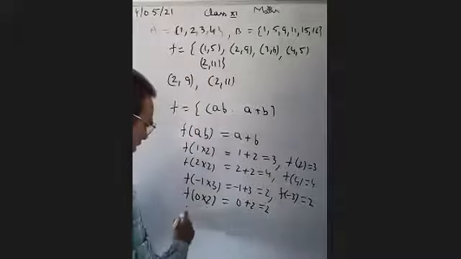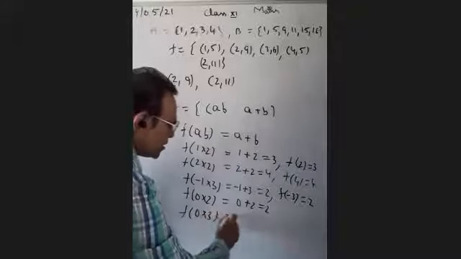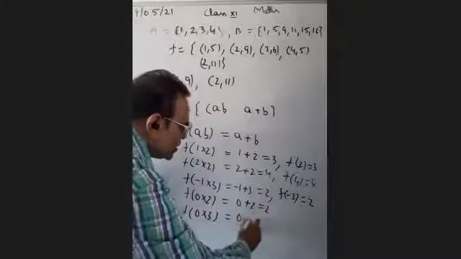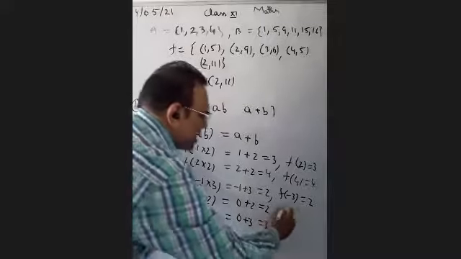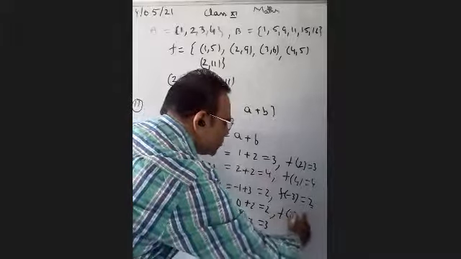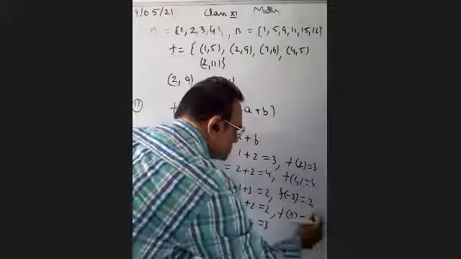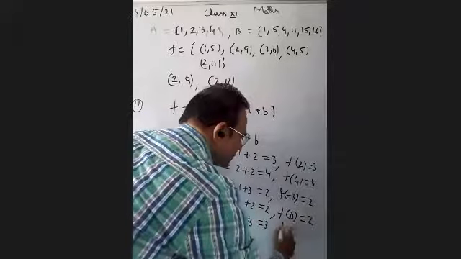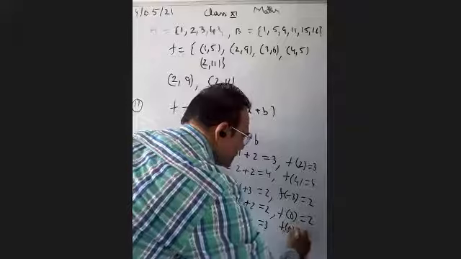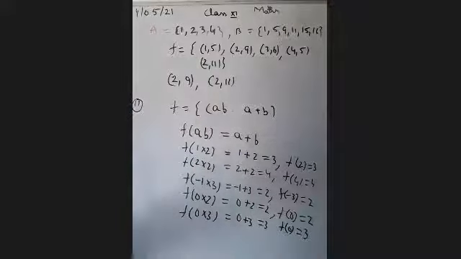If I take 0 into 3, you will observe it becomes 0 plus 3, that is, it is equal to 3. It means f(0) equal to 2 or f(0) equal to 3. That is, the same element has different images, so it is not a function.